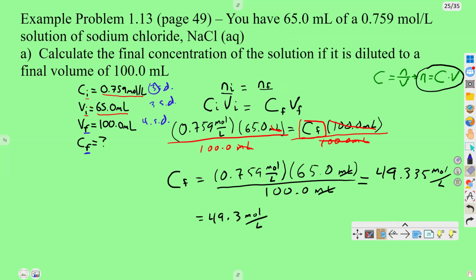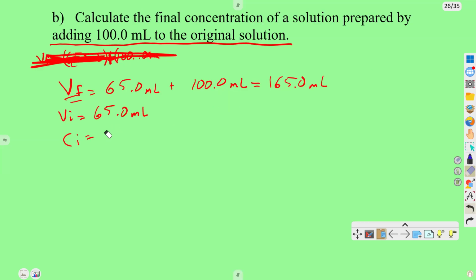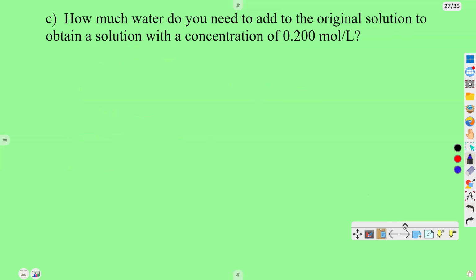I think it was 0.759 moles per liter, and then we're looking for the final concentration. I'm going to leave this for you to figure out, but you're going to do the exact same thing you did on the previous slide, except this is our final volume that we're going to be using. Okay.